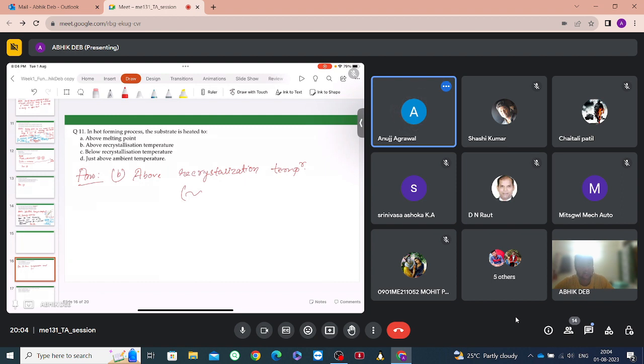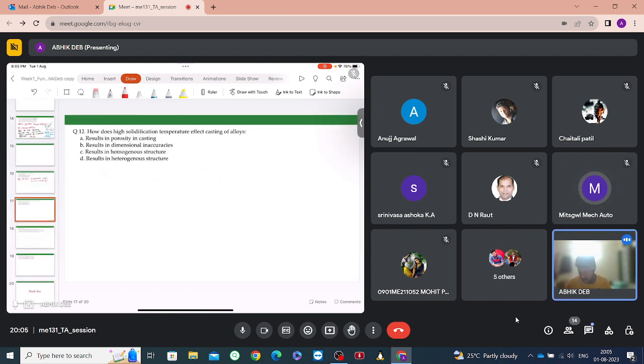No, I am asking what the fraction is. Suppose the melting temperature is 2000 Kelvin, what will be the range of this recrystallization temperature, or an approximate average value? Sir, I don't know the range. So it is 0.3 to 0.4 approx. It is actually 0.4 to 0.5 of the melting point temperature, but in Kelvin. Okay, so I hope it is clear.